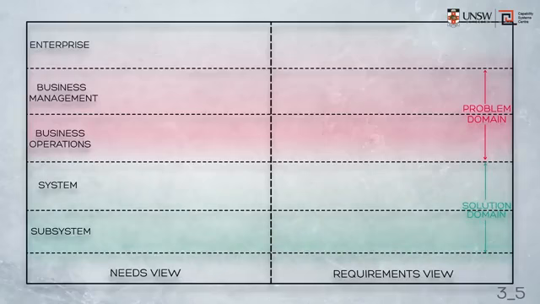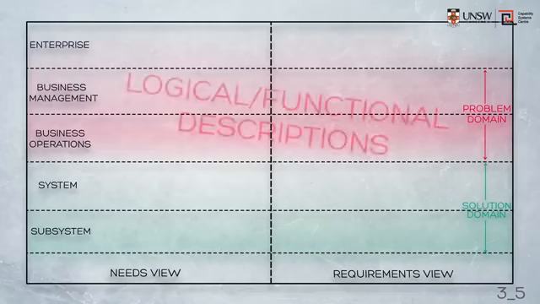As we discussed in earlier modules, the problem domain is generally considered to be the responsibility of those who have the ownership of the problem that's to be solved. So the descriptions of the system are mostly in the language of the customers, business management and business operations, focusing on what the system needs to be able to do, how well it should be done, and why. And we saw that we called these descriptions the logical or functional descriptions.